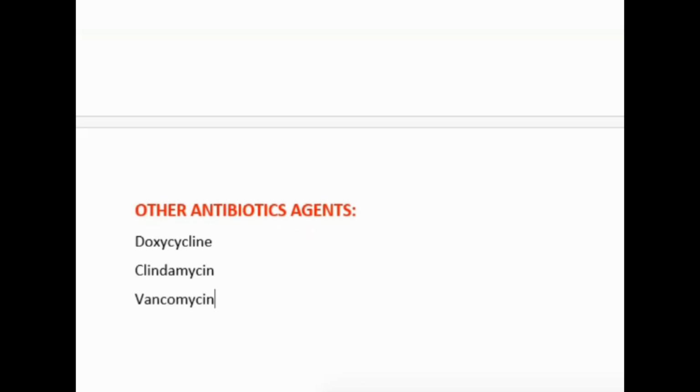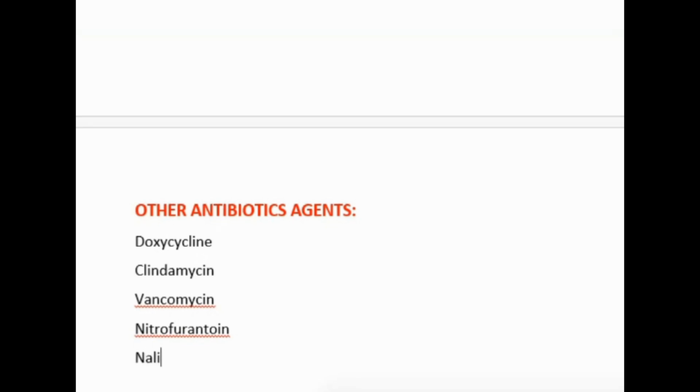Vancomycin, nitrofurantoin, we also have nalidixic acid.